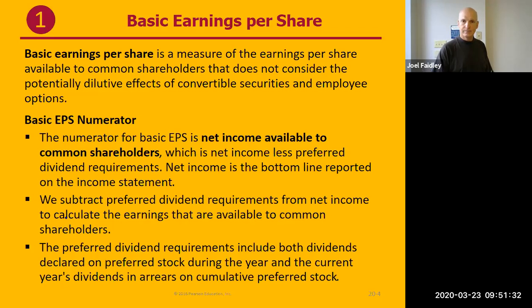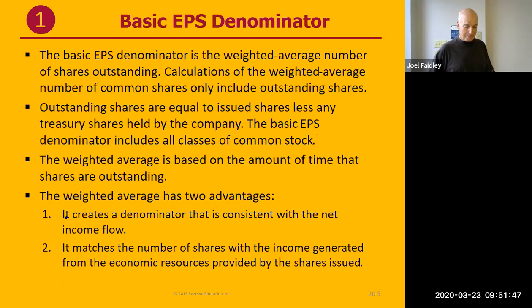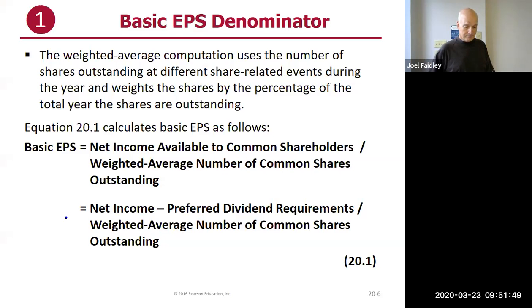That's the ownership in the company, the true stakeholders or stockholders. So that's why you subtract out preferred dividends from the top, and it's divided by common shares outstanding. Preferred shares have nothing to do with this. So our calculation there again, basic earnings per share, net income available to common shareholders divided by weighted average number of common shares outstanding.